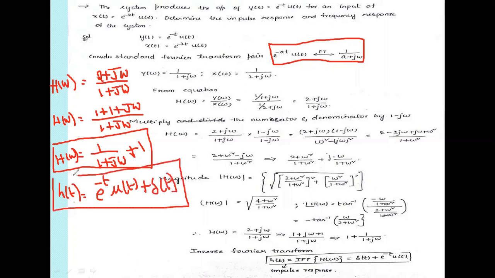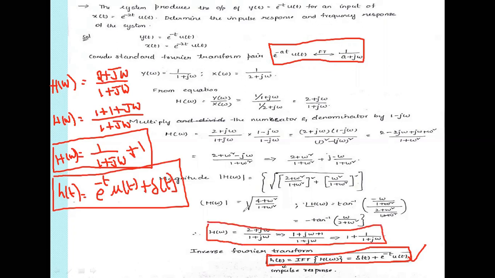The impulse response we got is delta of t plus e power minus t mu of t, as the inverse Fourier transformation of h of omega. So what is the h of omega? We got 1 plus 1 by 1 plus j omega. Got it, madam students?